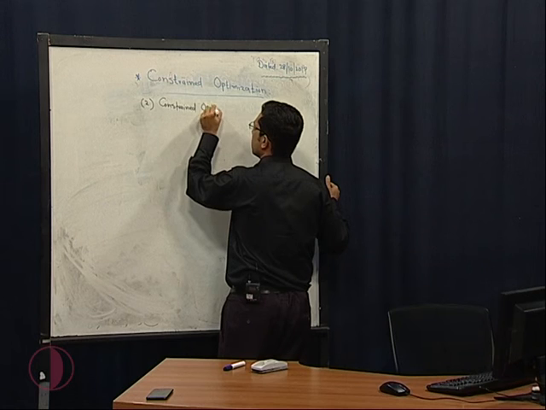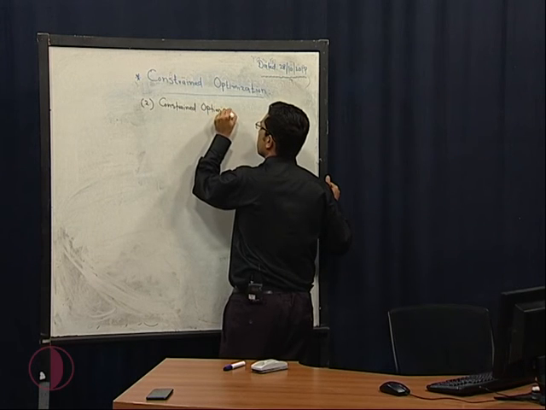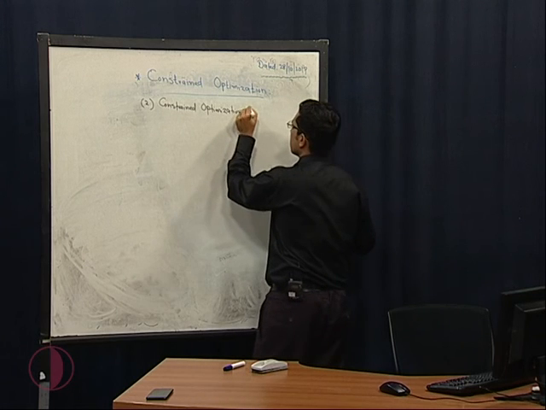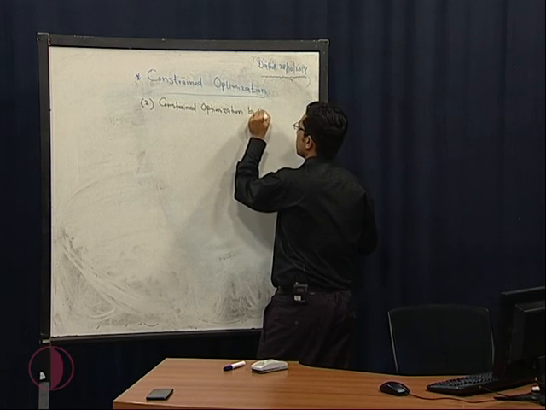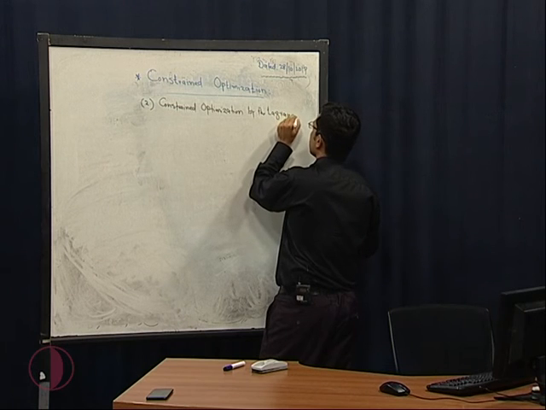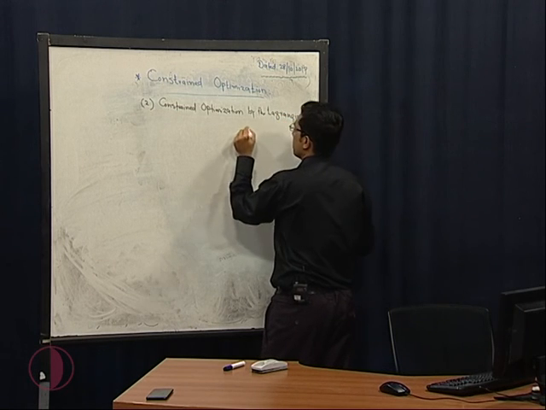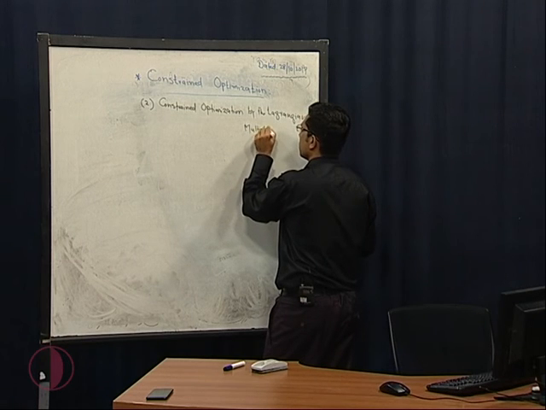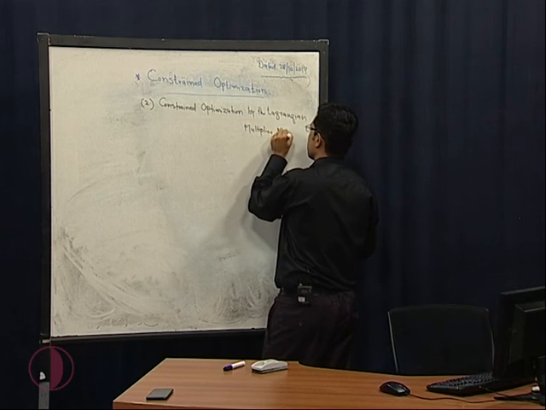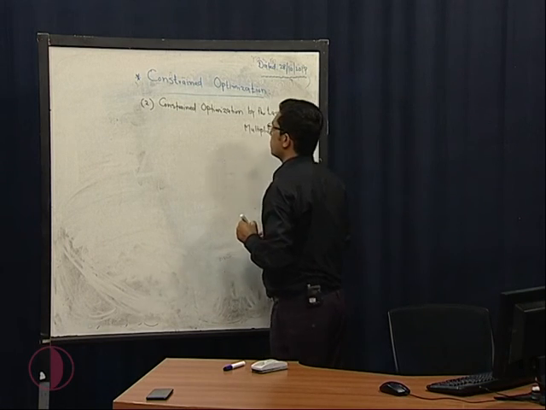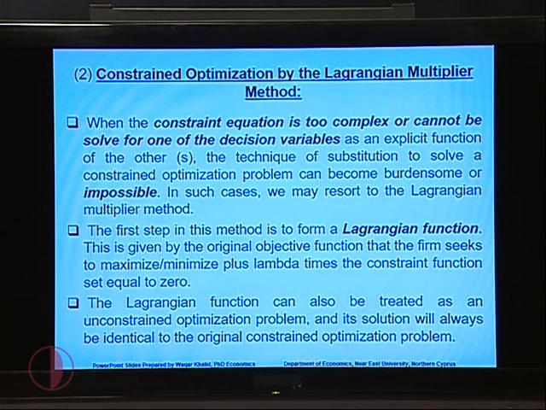Constraint optimization by the Lagrangian multiplier method. This is the second method which we often use to solve the constraint optimization problem.